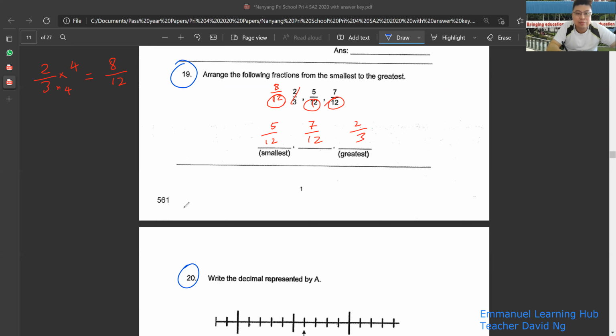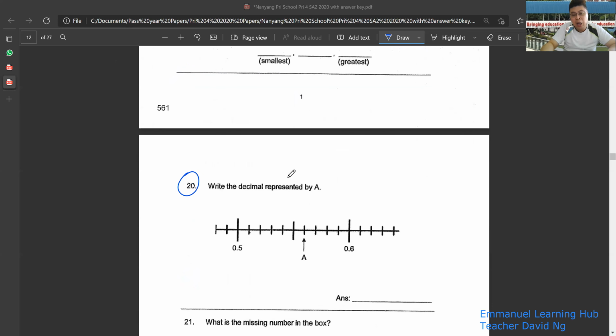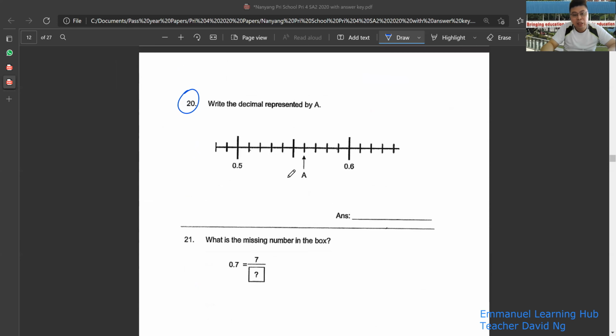Okay, you know how to change to the same denominator. I could see that you know, because you could tell me to times 4 and get the denominator as 12. So your maths is gradually improving, but you have to put in more time, effort, energy and resources into your thinking. Because the more you think, the more you clear your doubts, the better your understanding.